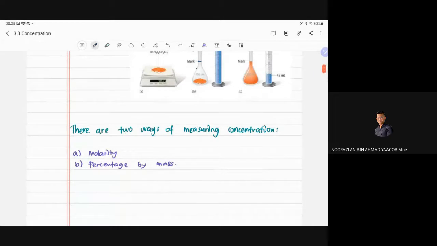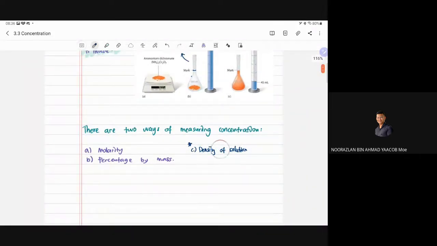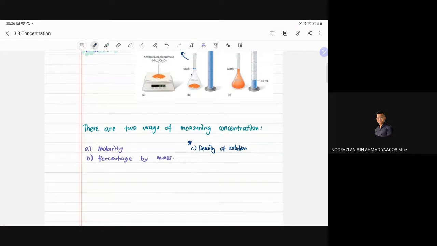One can argue density is also a form of concentration when we talk about density of solution. So maksudnya kalau kita ada larutan dan larutan itu lebih dense, okay, it is denser than the previous larutan, then the denser larutan dia lebih concentrated.